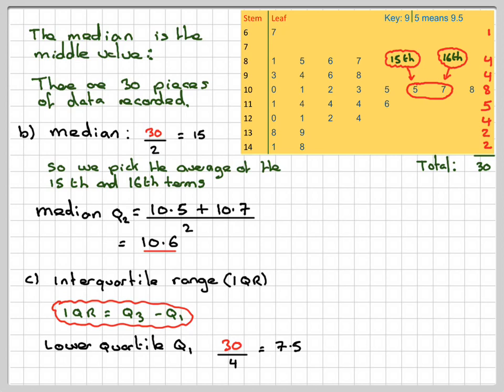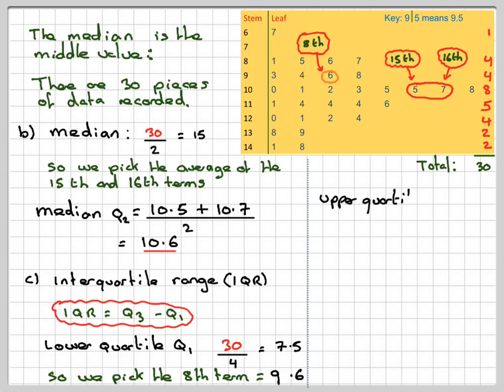Halfway between 15 is going to be the 8th value. So just counting along 1, 2, 3, 4, 5, 6, 7, 8, it's going to be this value. Or we do 30 divided by 4 and take 7.5 and round up. So that's the 8th value, which is 9.6.